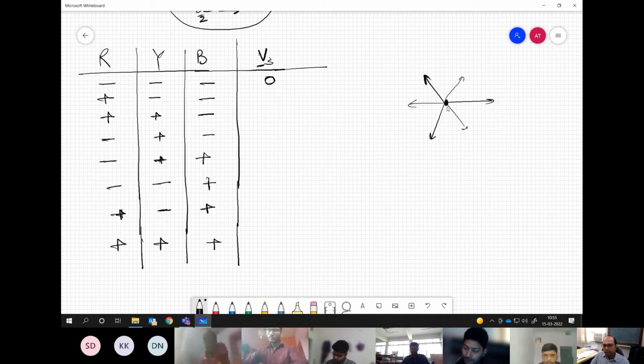Now when we have plus minus minus, we have plus for R and minus for Y and B. Overall it gives a voltage vector which is located here. Now we have to see how to give the angle for this.